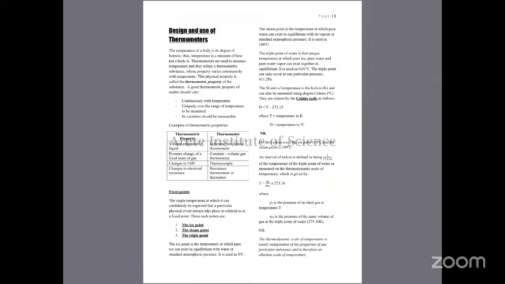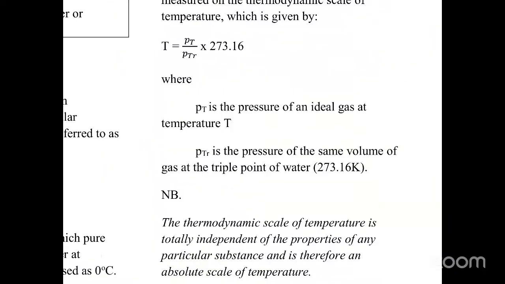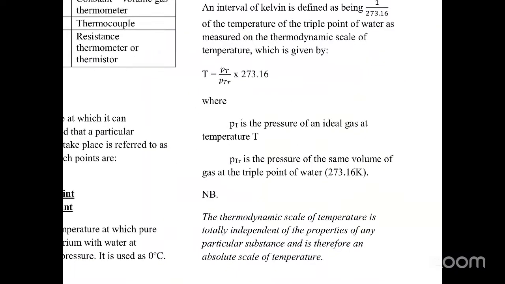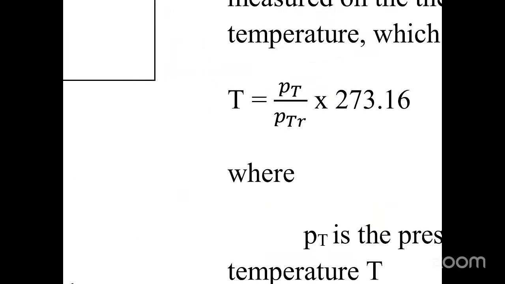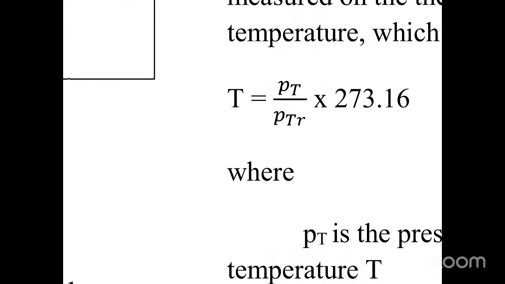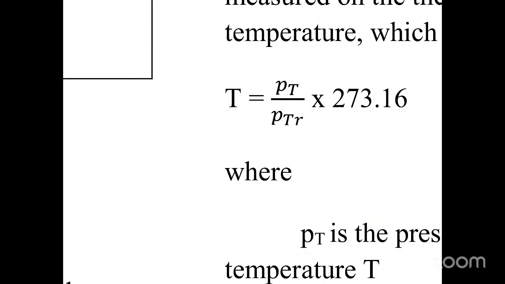Last day we also looked at the first scale, called the thermodynamic scale, that allows us to get temperatures in Kelvin. And we saw that we could use this nice little formula to help us get temperature in Kelvin. Remember that to get temperature in Kelvin, we need pressure values, and the unknown temperature and pressure at the triple point.